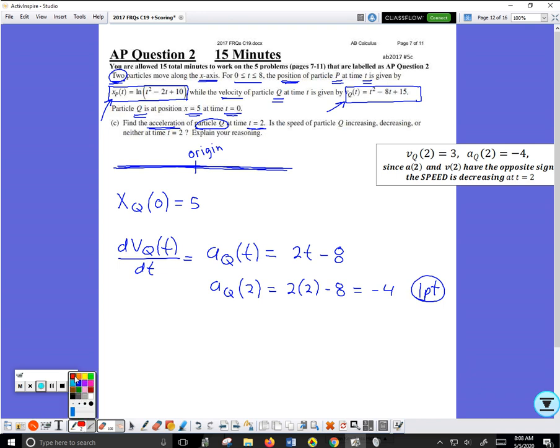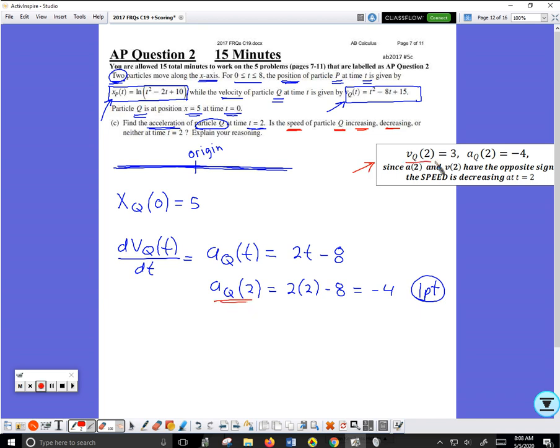So continue reading. Is the speed, not the velocity, not the acceleration, the speed of particle Q increasing or decreasing? Now remember this box from the golden notes, and also remember doing this on previous practice tests. So I need to go find, see, I found the acceleration.